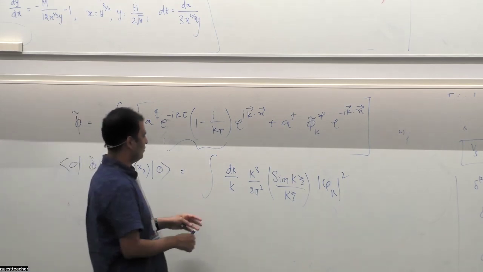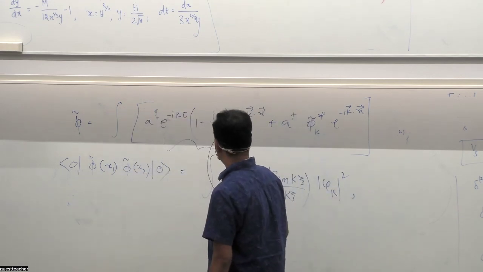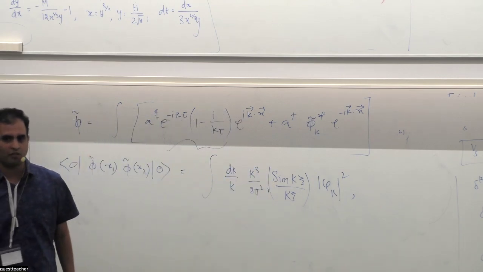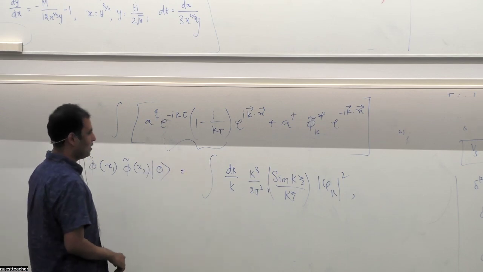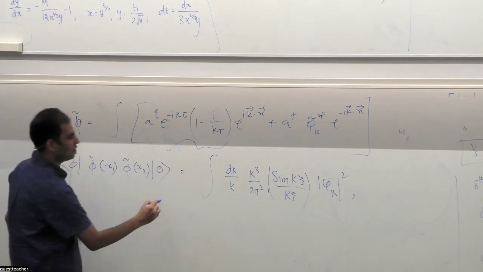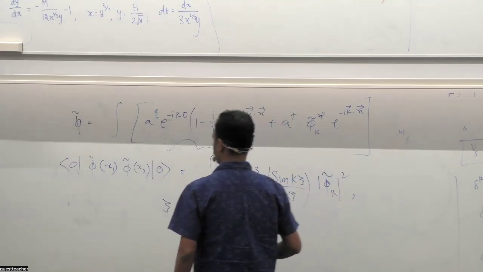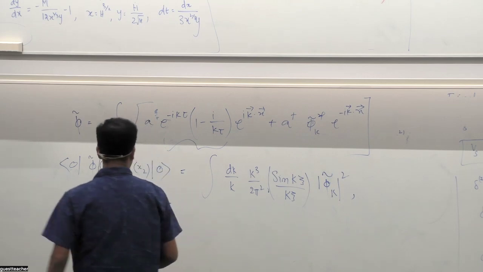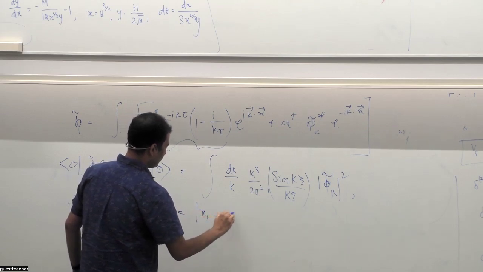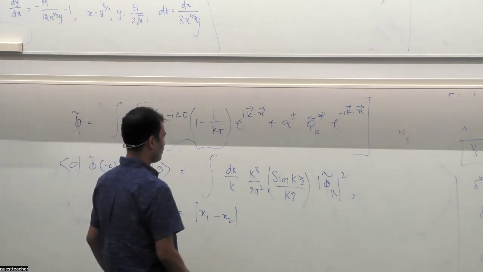Basically, you write it in angular coordinates, and then you integrate theta and phi, and you get a 4 pi factor, and it cancels. So this is the standard Fourier transform. Just to speed it up, I'm skipping this step. This is well known. Phi tilde is the same. Here c is basically the modulus of x1 minus x2. So you're looking at a correlation of the field at different positions, x1 and x2.